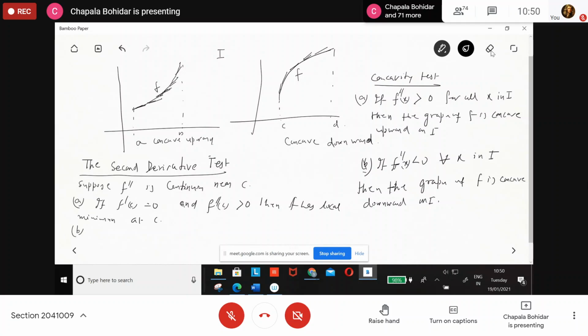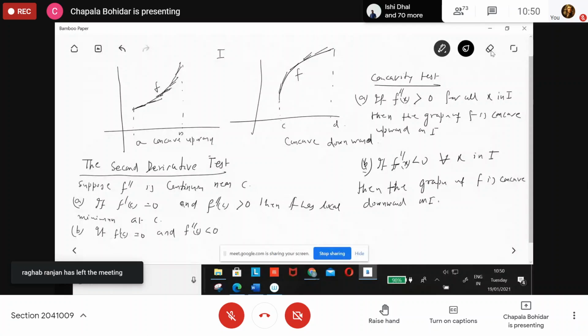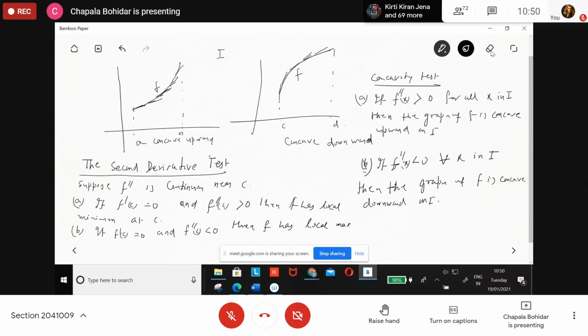B. If f dash C is equal to 0 and f double dash C is less than 0, then f has a local maximum at C.